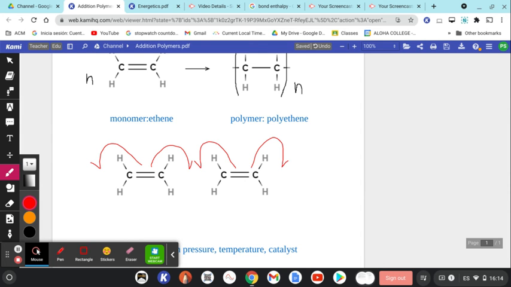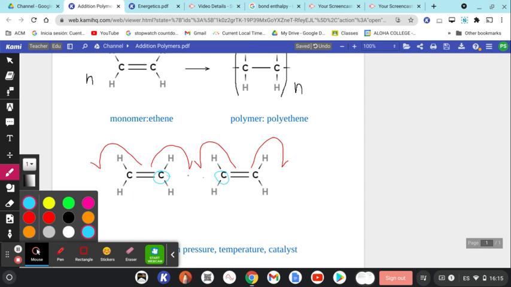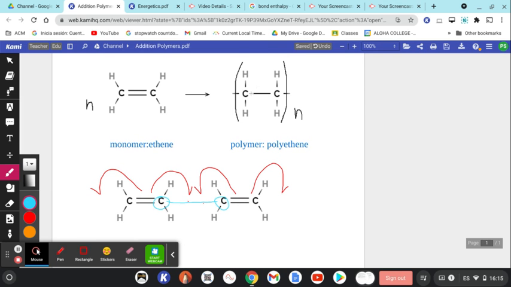Now, if we just focus in the middle, what that means is that by breaking this double bond, we have 2 electrons coming together in the middle. So 2 electrons here. So we essentially form a single bond between those two side carbons here. And we can see that in the diagram above, that we've created a single bond between 2 carbon atoms.